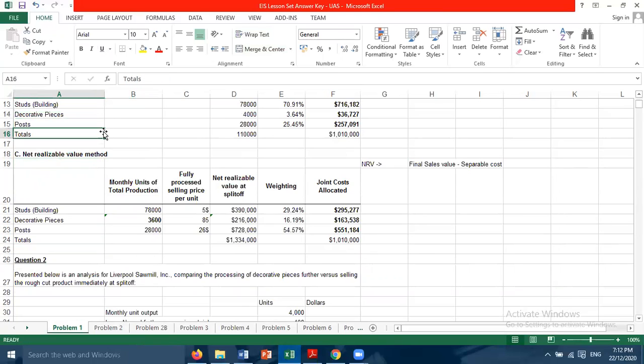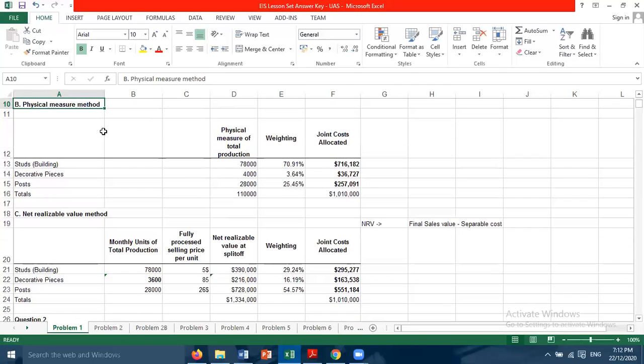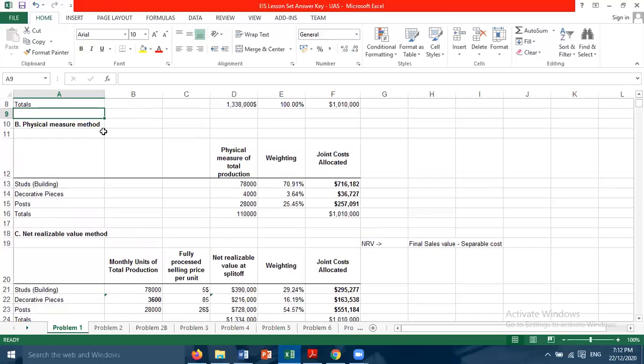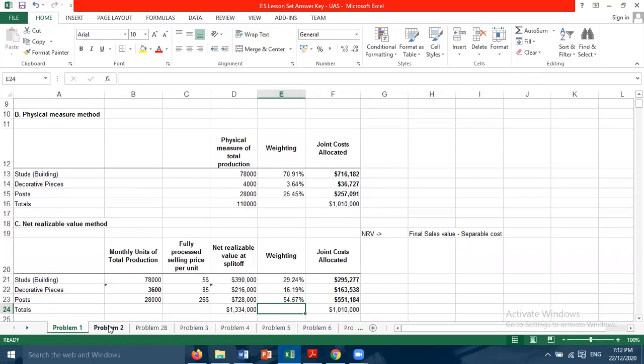In that case, all you guys need to do is just make sure that the gross margin for each product is the same. And then you guys will allocate the joint cost based on that. And the last one is physical measure method. Now remember, the only difference between them is their weighting, and their basis of the weightings. That's practically the essence for joint costs.